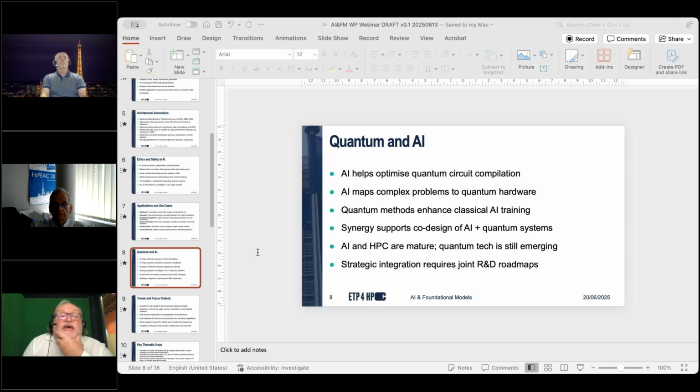Our quantum methods are certainly going to enhance our classical artificial intelligence in the future with improved optimization and generative capabilities. So off the back of that, we recommend that EuroHPC and Euro QCS align their strategic efforts in co-design, which we reflected on a few minutes ago, shared tooling, and hybrid infrastructure development to avoid siloed research and development.